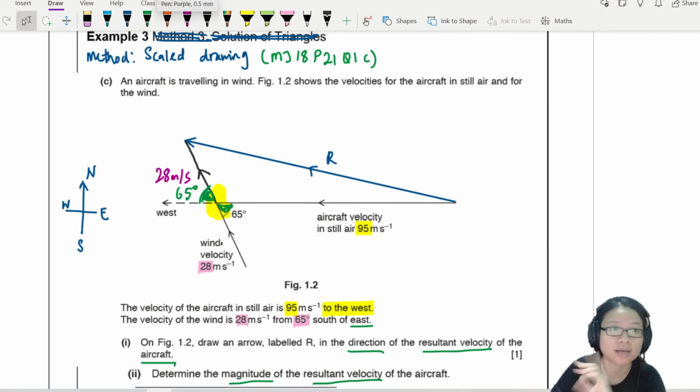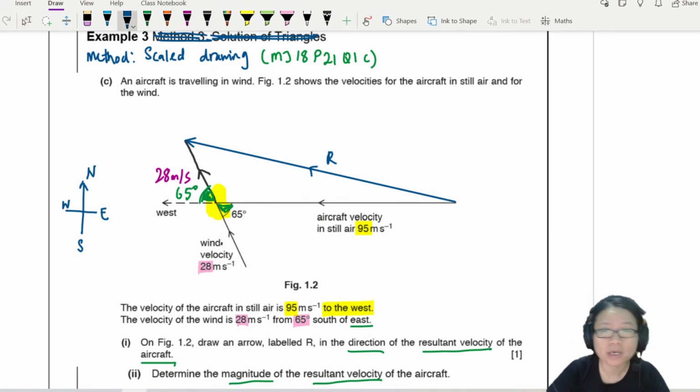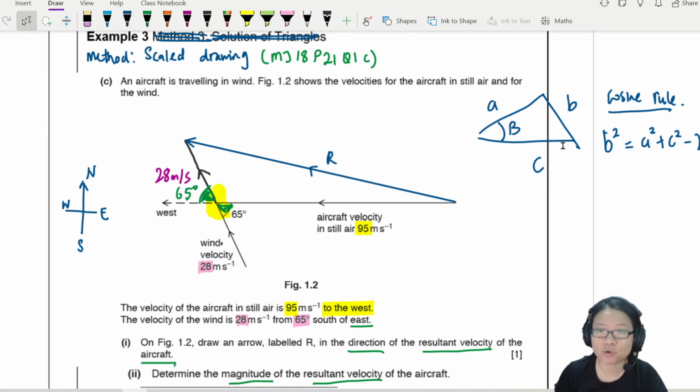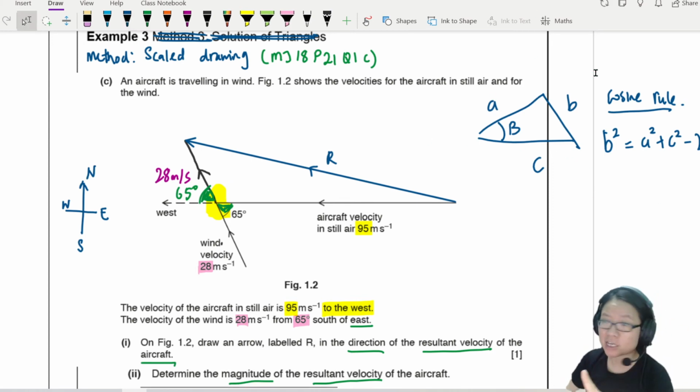So how does that look like? Let me show you the equation. If you have a triangle like this, I'm going to talk about the cosine rule. This line is A, this line is B, this line is C. Let's say this angle is capital B. The cosine rule states that B square is equal to A square plus C square minus 2AC cos B. Basically we're jumping across the triangle.